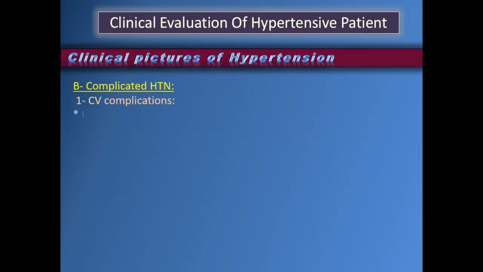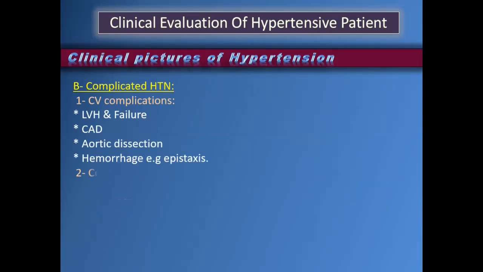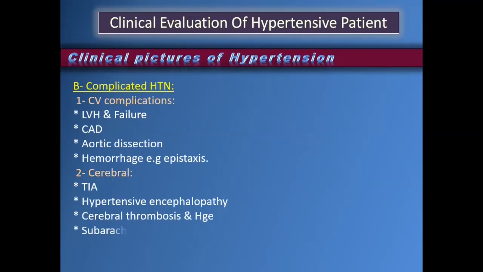As regards the complications of hypertension, cardiovascular complications, for example, left ventricular hypertrophy and or failure, coronary artery disease, aortic dissection, recurrent epistaxis, maybe cerebral, TIA, encephalopathy, cerebral hemorrhage and infarction, and subarachnoid hemorrhage.